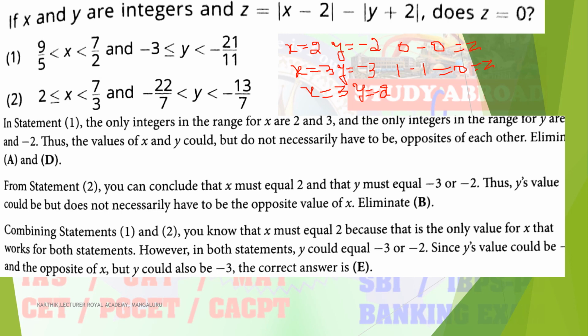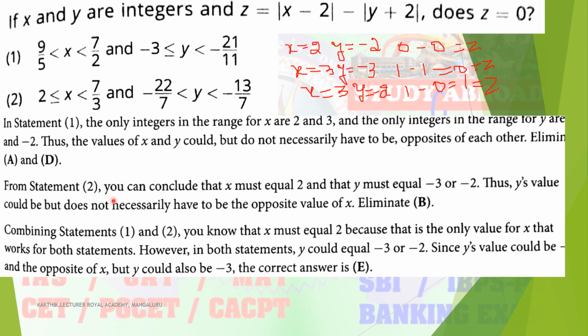So x is equal to 3, 3 minus 2 is how much? 1, and y you have taken minus 2, minus 2 plus 2 is 0, you will get one answer. Two different answers you are getting from this statement: either z is equal to 0 or z is equal to 1 from the first statement. So it is not possible to answer the question. So the first statement alone can't determine the value.